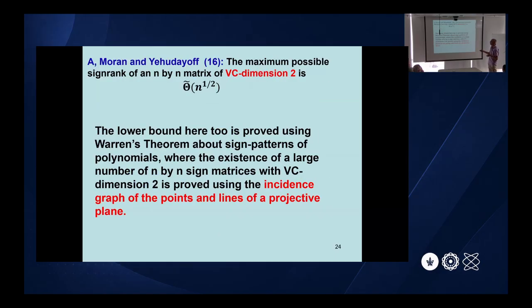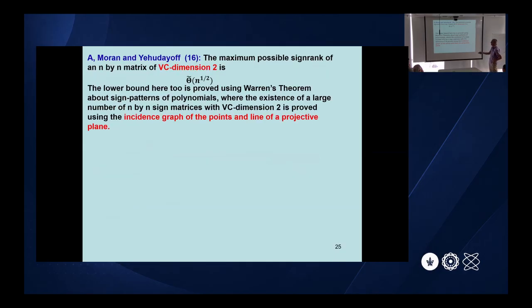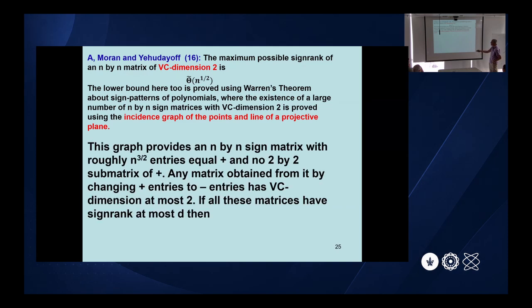And they come from a specific matrix, which is the incidence graph of the points and lines of the projective plane. Just say that this is a specific n by n sign matrix which has about n to the 3/2 entries which are plus, and all the others are minus, and it does not have a 2 by 2 submatrix of pluses.